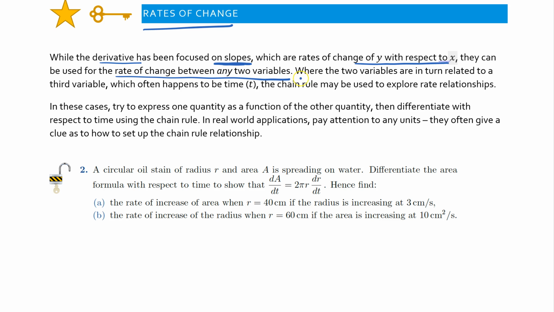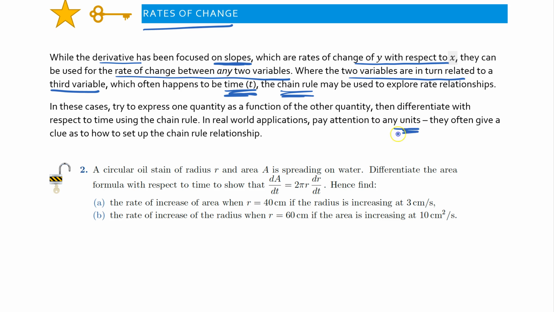However, we're going to have a little dabble here for a case where two variables are in turn related to a third variable, which often happens to be time in the real world, and the rule that we're going to use most often is the chain rule. So what we end up doing is trying to express one quantity as a function of the other quantity, then differentiate with respect to time using the chain rule.